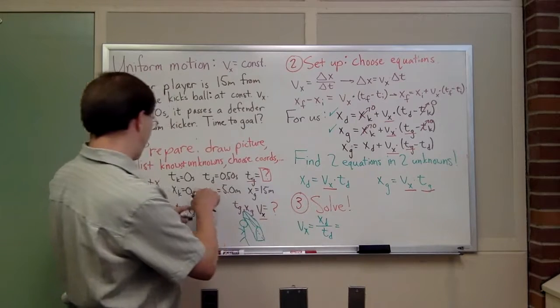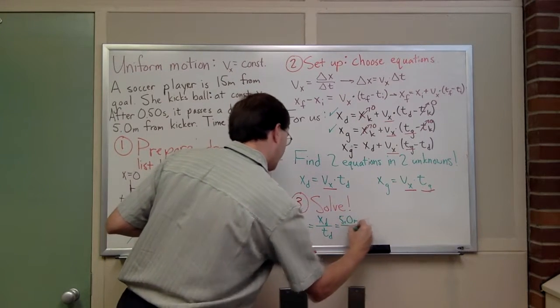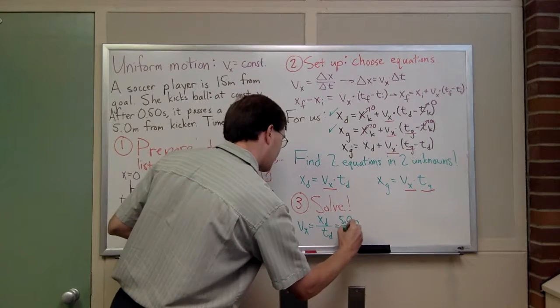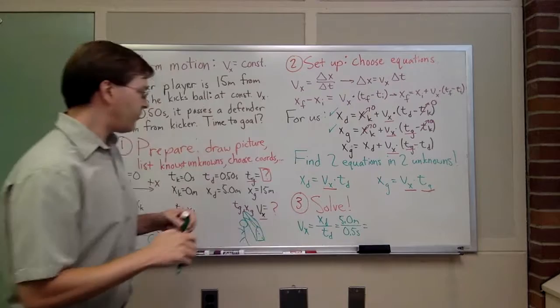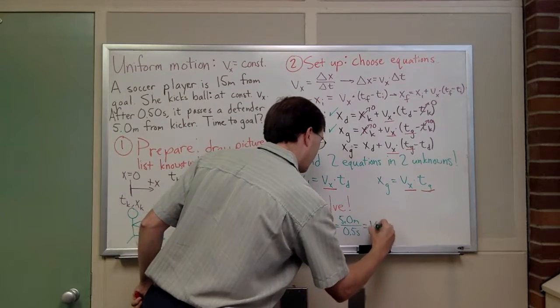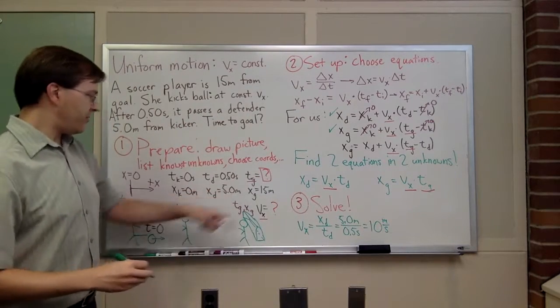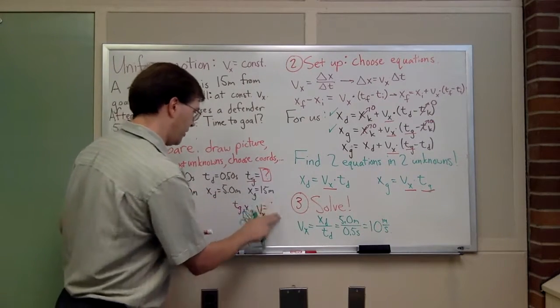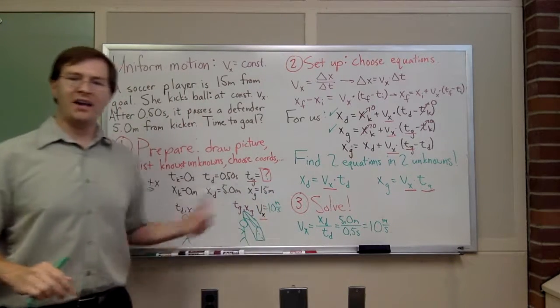X defender is 5.0 meters, and time of the defender is 0.5 seconds. Putting it together, 5 divided by 0.5 is 10 meters per second. So now my Vx is no longer an unknown. Now it is 10 meters per second. I have a value for that now.